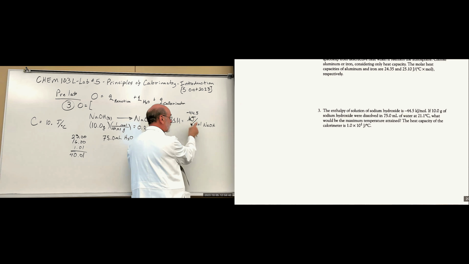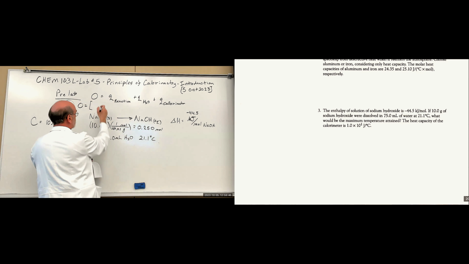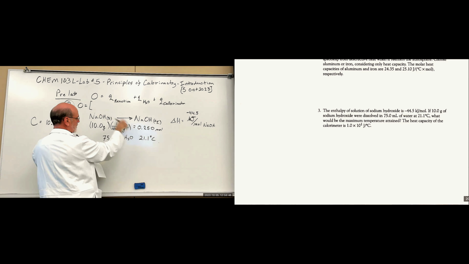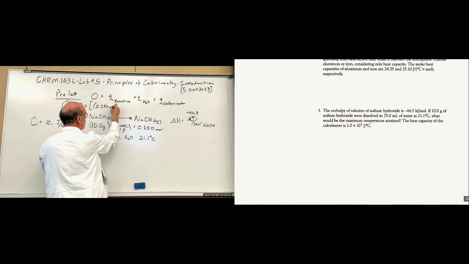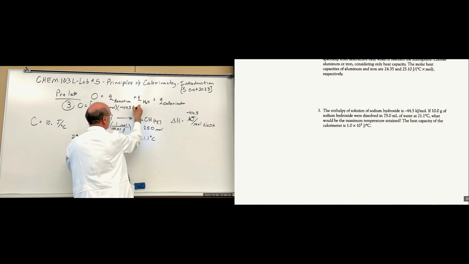We just multiply that one times this one, and the moles will cancel. So the heat of the reaction is that many moles of sodium hydroxide times the delta H, which is minus 44.5 kilojoules per mole.